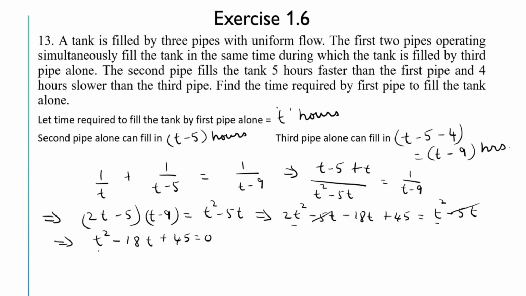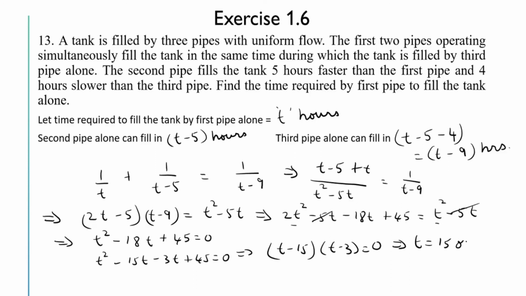So this is a quadratic equation in T. We can use T square minus 15T minus 3T plus 45 is equal to 0, or we get T minus 15 into T minus 3 is equal to 0. Therefore, from this we get T is equal to 15 or T is equal to 3.